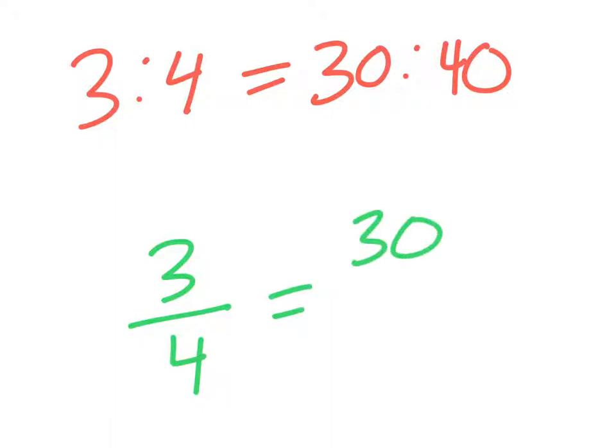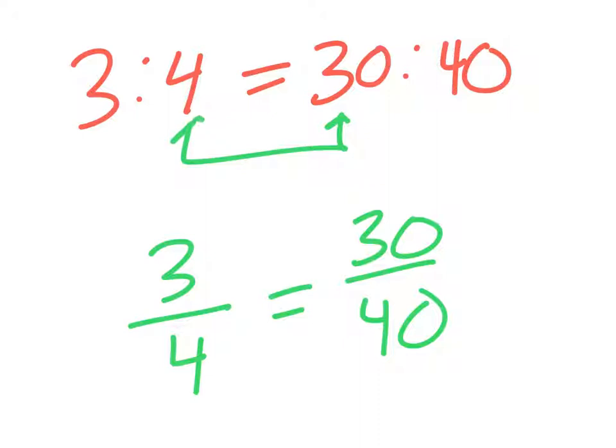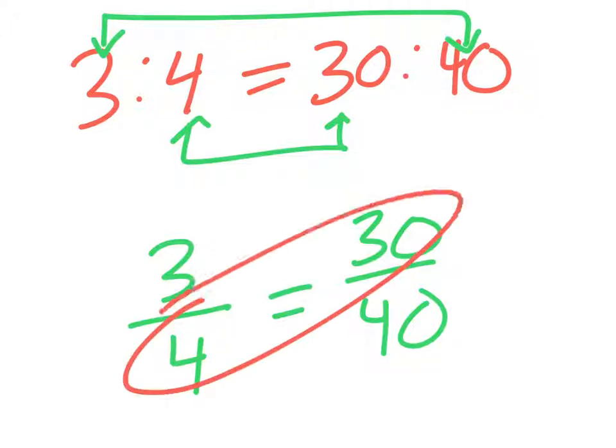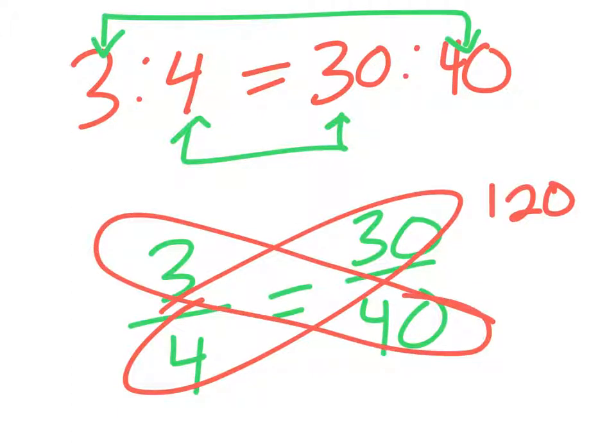You could again use the means and extremes: means here on the inside, extremes out here on the outside. So no matter which method you're using, you're going to take 4 times 30, and then 3 times 40. So 4 times 30 does give me 120, and 3 times 40 also gives me 120. So therefore, yes, these are definitely equivalent. So yes, this is a proportion.